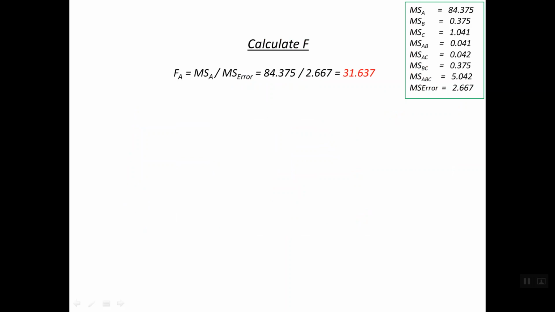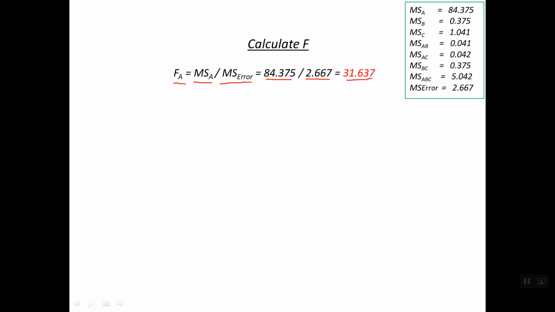So this is the formula to calculate the statistic F, or F calculated. F for A is equal to the mean square for A divided by the mean square of the error. This is the mean square for factor A, and this is the mean square for the error.